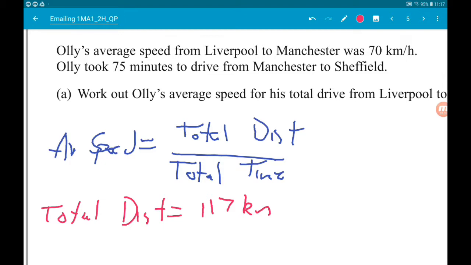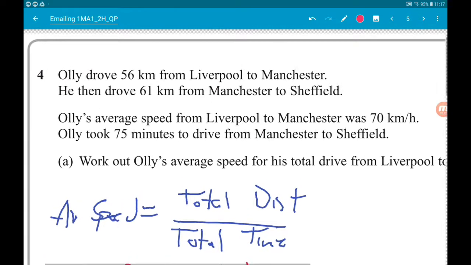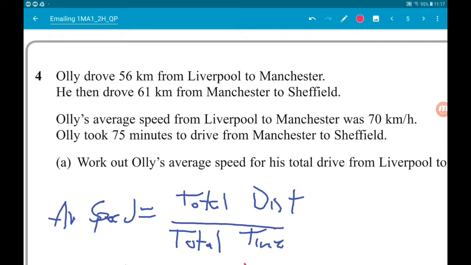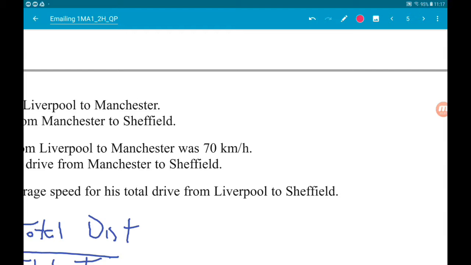Now for the total time, we need to work out the time that he took to get from Liverpool to Manchester. So, remember that speed is distance over time. Hopefully you've seen formula triangles before.